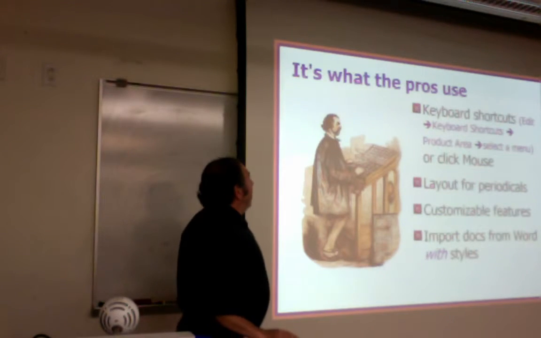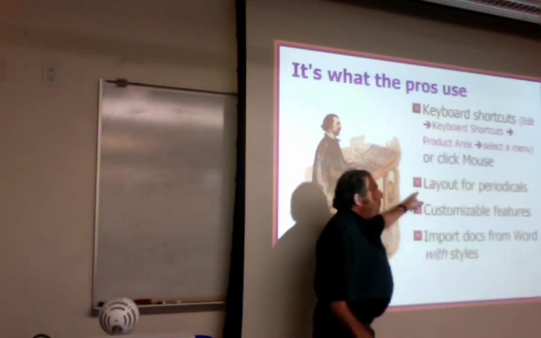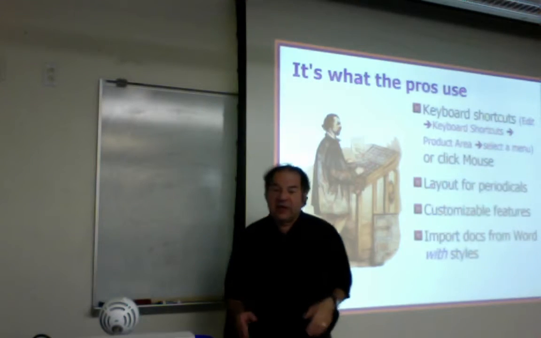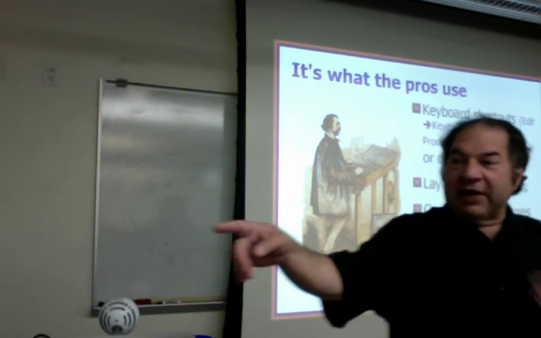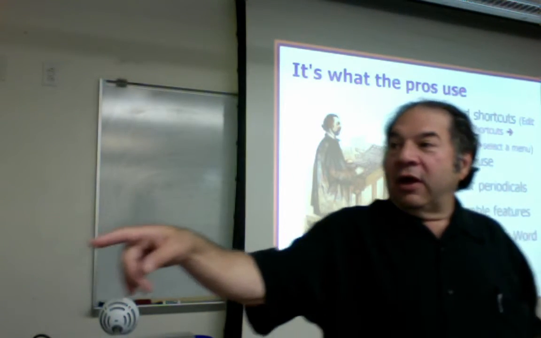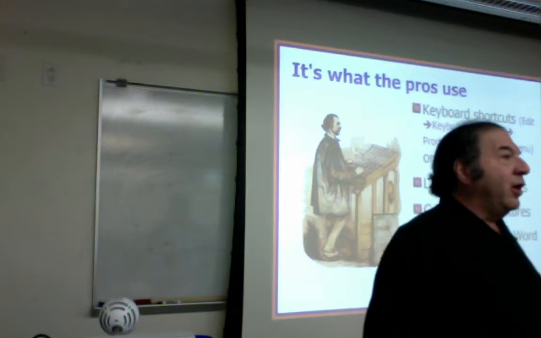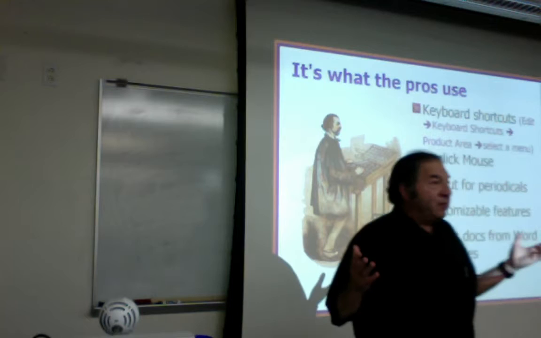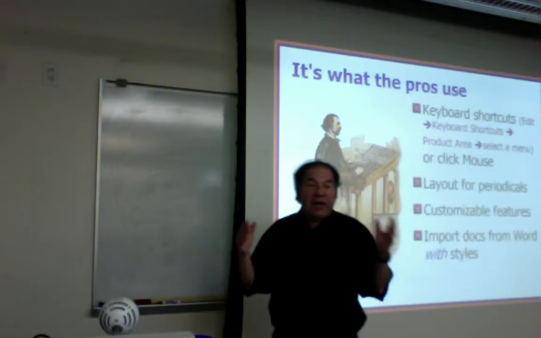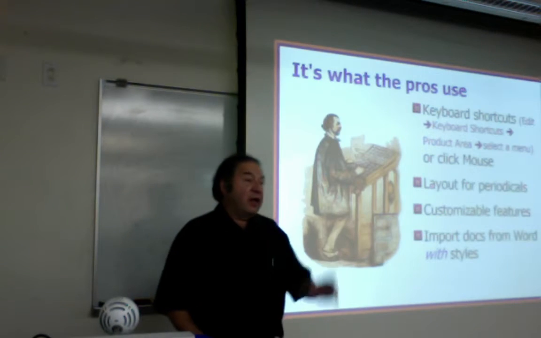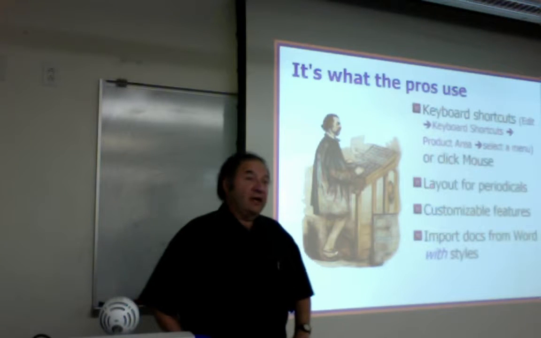That's fine. Other stuff, laying out a periodical. Now, you've got a magazine. Here's an example of a magazine that just came out. You'll notice that the formats for the magazines are all very, very similar. They use a template, and they do it in InDesign. InDesign is really good for that. Your student handbook was done in InDesign.